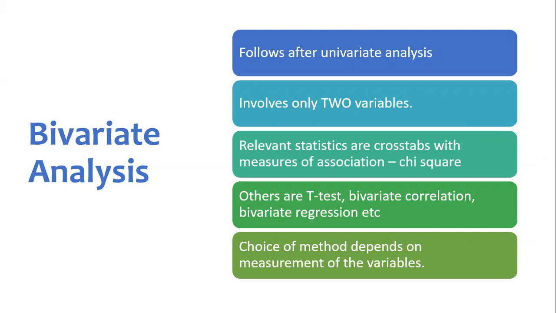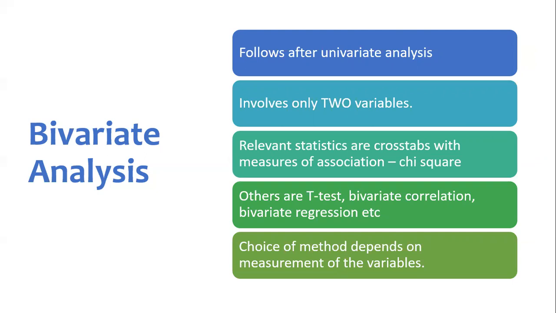age and sex are categories. If you want to do a bivariate analysis of those categories, you could use a chi-square to test the association. But if you're looking at two continuous variables, you can do a t-test.